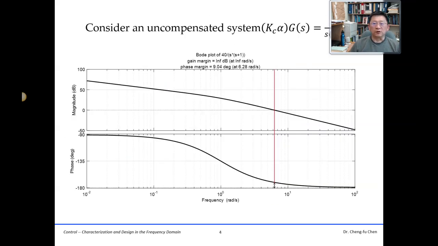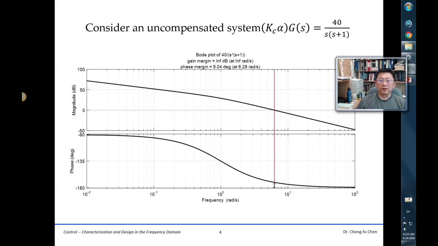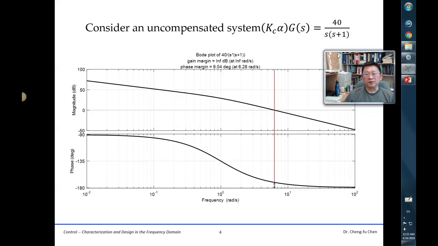Here we talk about when we use phase lead controllers. This is one example for an uncontrolled open system, with this function. Here are the Bode plots of these functions. For this case, you can see we have the phase margin here.